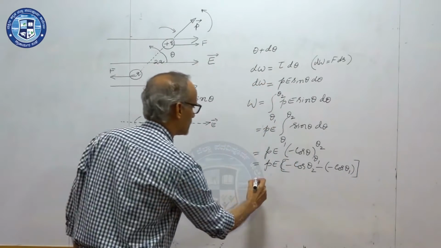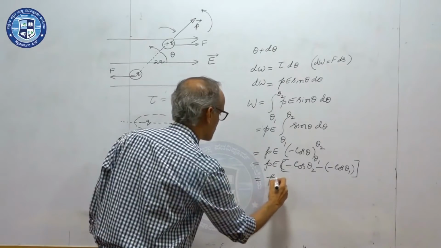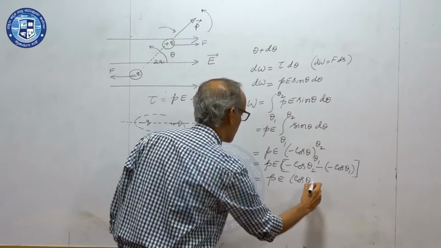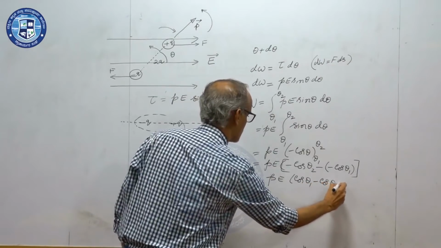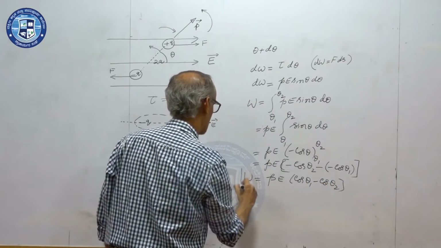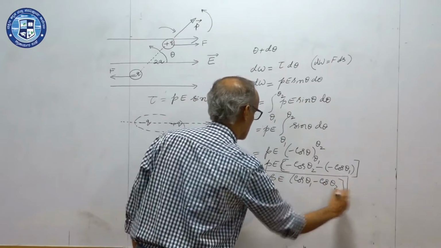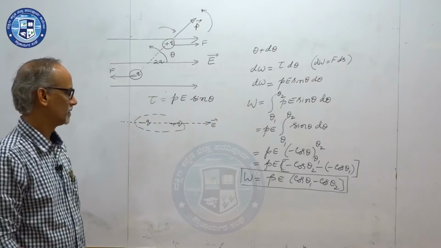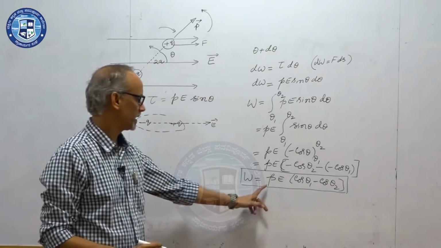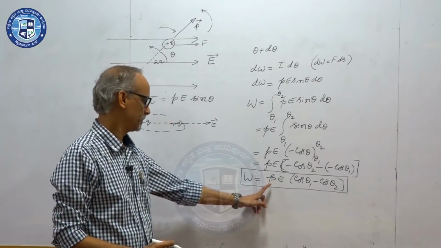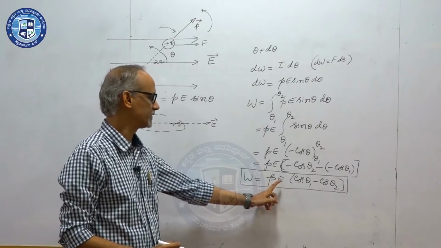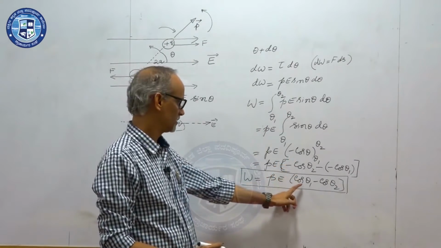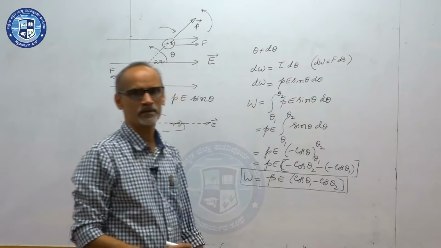Right. So, that gives the final expression as PE into cos theta 1 minus cos theta 2. So, this is the expression for work done in rotating a dipole of dipole moment P in a uniform electric field E from an initial position theta 1 to a final position theta 2.